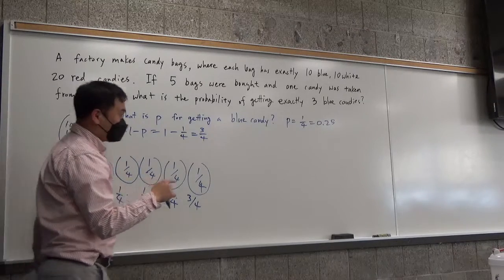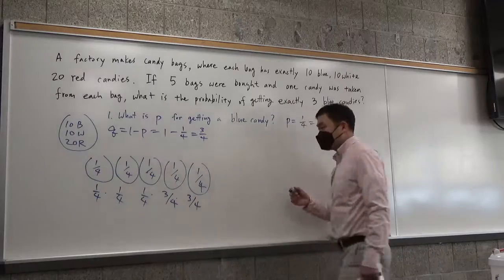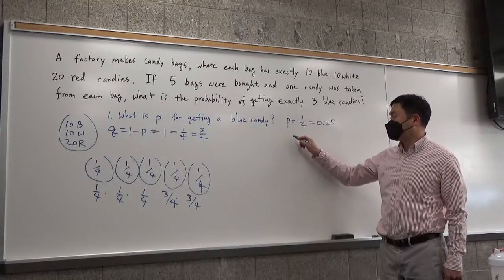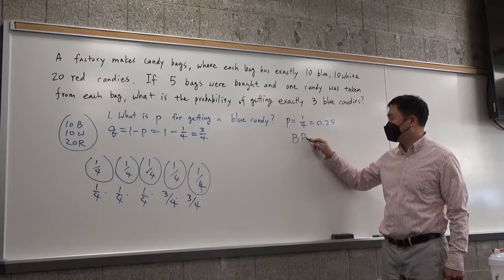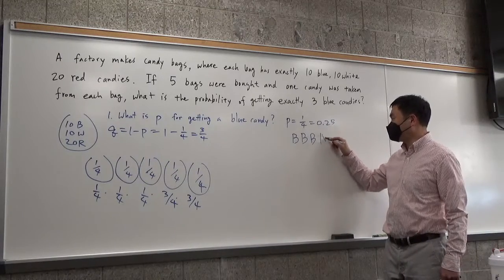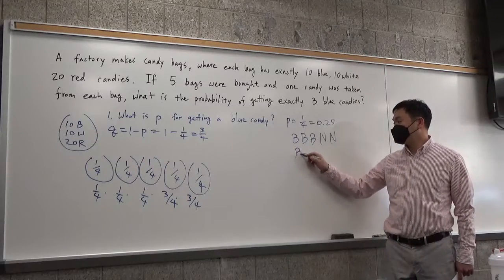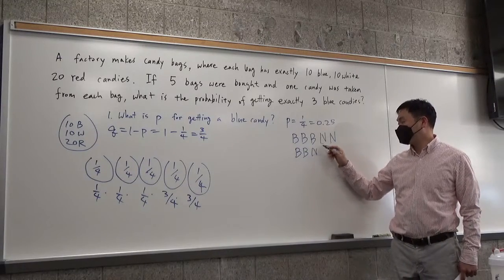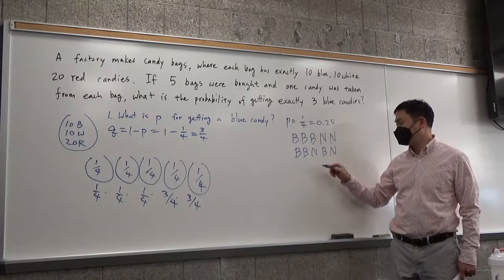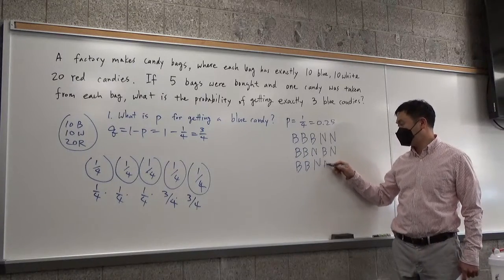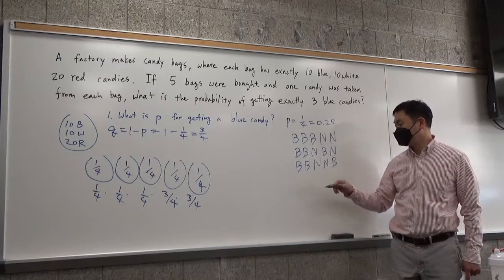Right? So think about counting all possibilities. You might have blue, blue, blue, and not blue. I'll put not blue as N. It could be like blue, blue, not blue, and then blue, and then N. And blue, blue, blue, not blue, not blue, but then blue.